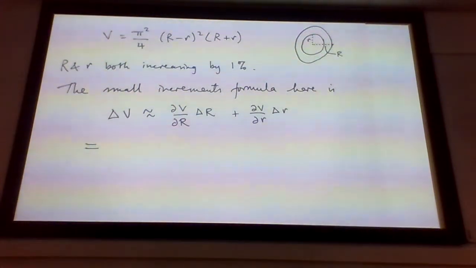I would say the small increments formula here is: V depends on capital R and little r, not two different R. So it's a similar expression as before, a linear combination of the changes in capital and lowercase r multiplied by the corresponding partial derivatives.